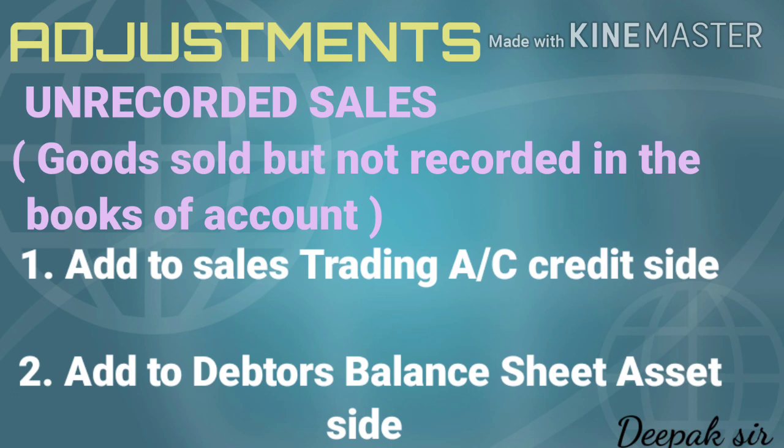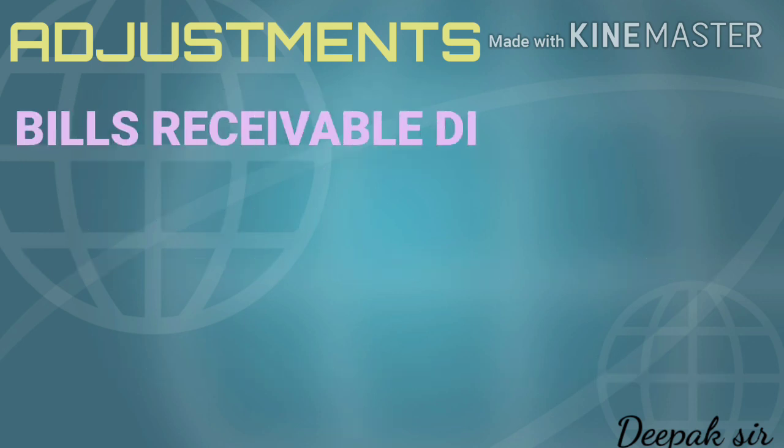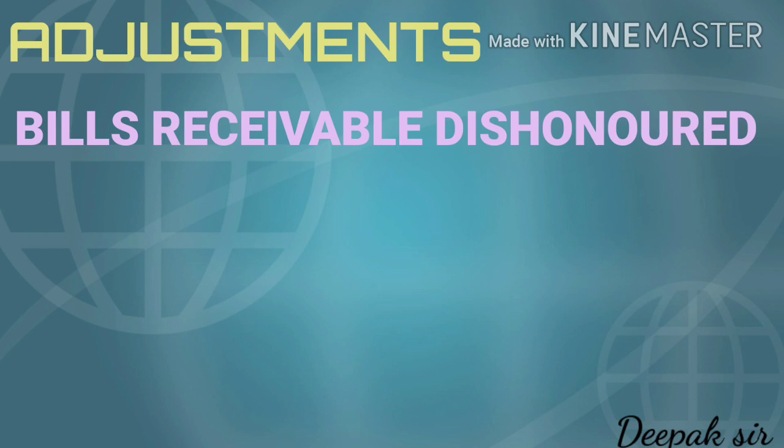Now let us see the next adjustment, that is bills receivable dishonored. Now bills receivable means we are going to receive the amount on the bill, and that particular bill is dishonored, means cancelled. That means we are not going to receive the amount.